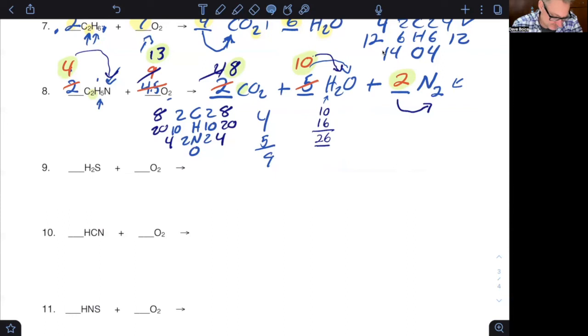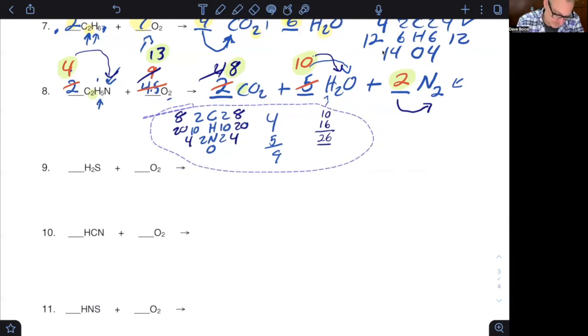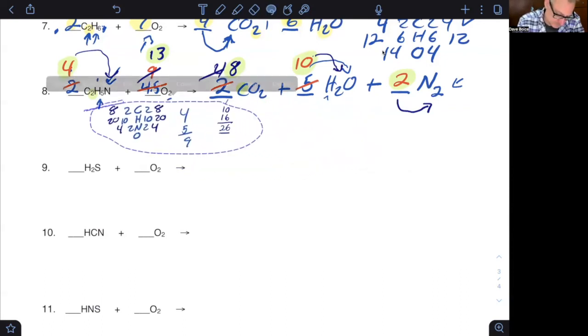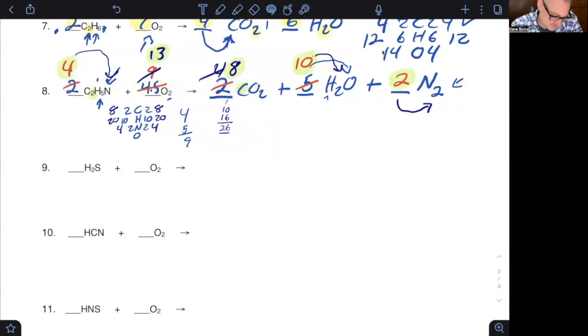Okay, H2S and O2. Let's go ahead and clean this up a little bit. So I know if I have sulfur, this is the last of the 4. So sulfur is going to form SO2, and hydrogen will continue to form water.